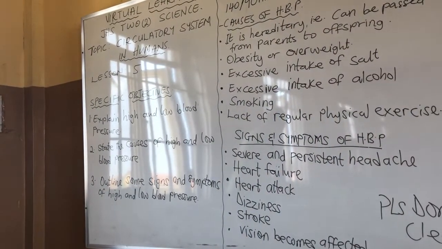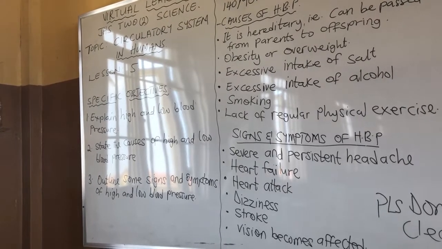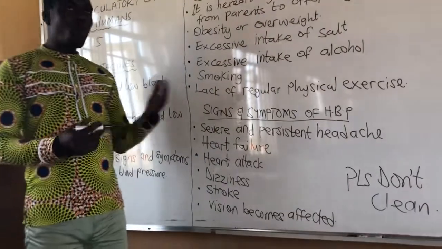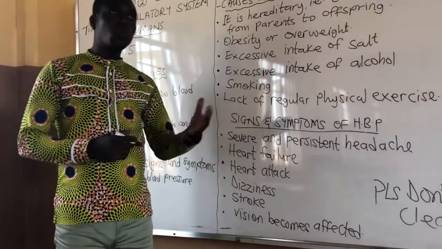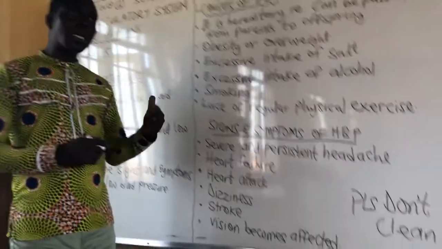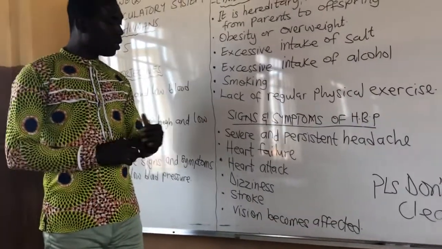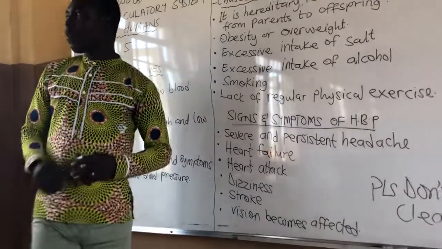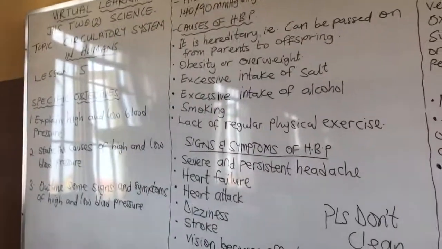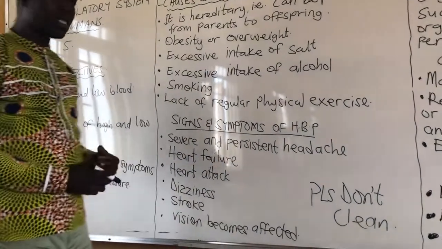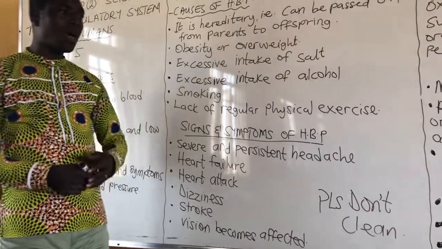Now, what is stroke? Stroke is a condition in which blood fails to flow to certain parts of the body, thereby killing the cells of the parts that the blood fails to reach. When this happens, that part becomes dead, which means that it cannot function.